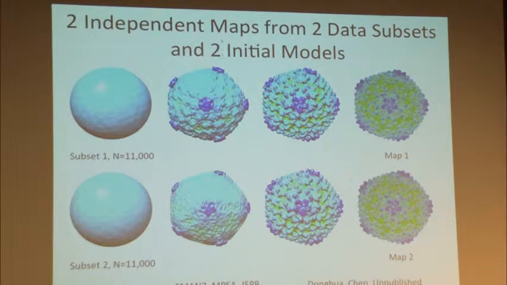Initially, we don't rely on any model because we don't have an X-ray structure of our virus of interest. So our program will build an initial model, a very low resolution icosahedron, just like a football. Okay, not American football, the real football, round.